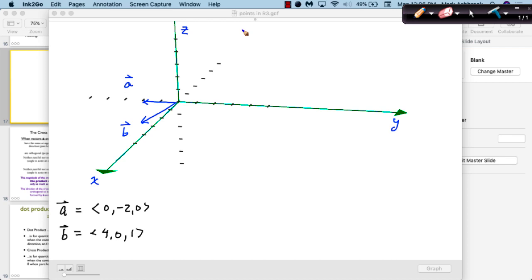And A, how can you qualify where A is? It's on the Y-axis, right? So if A is on the Y-axis and B is in the XZ plane, what can you say about these two vectors? Do you see they're perpendicular? They're orthogonal? Let me try to draw that.